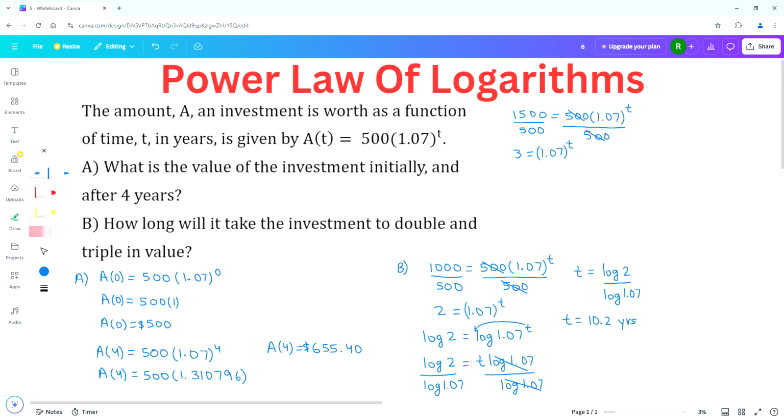We cannot get the same base on both sides of the equation because we cannot write 3 as a power of 1.07. So we have to use logarithms to solve this equation. We should apply log to both sides.